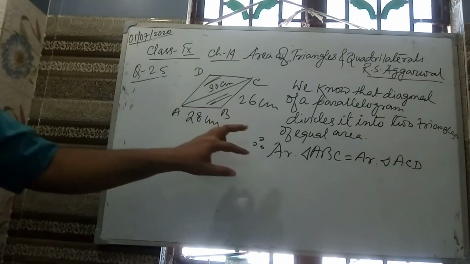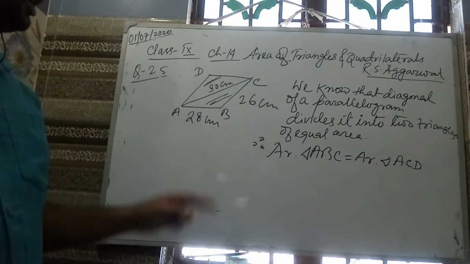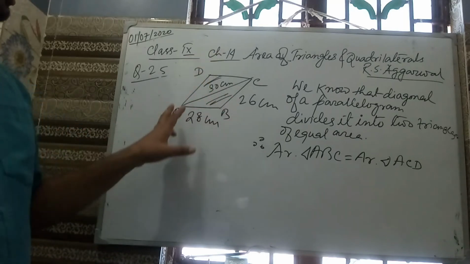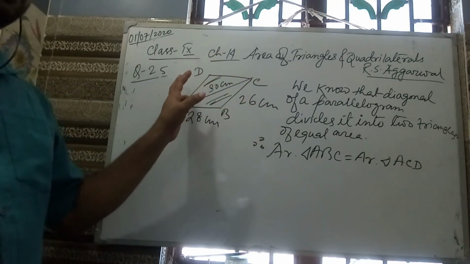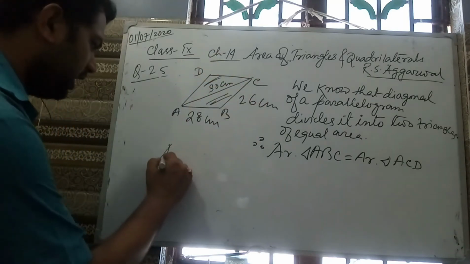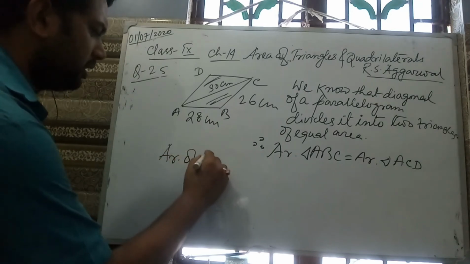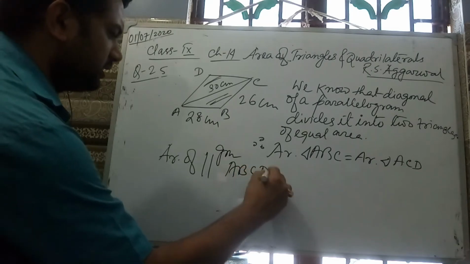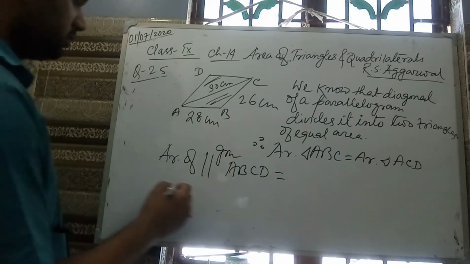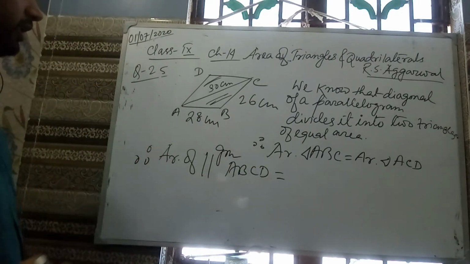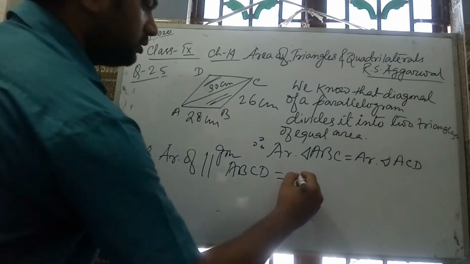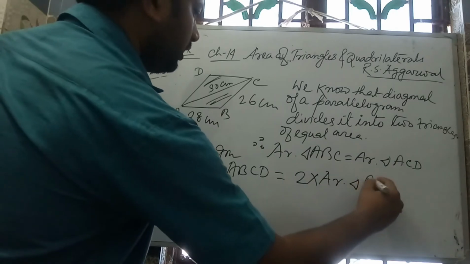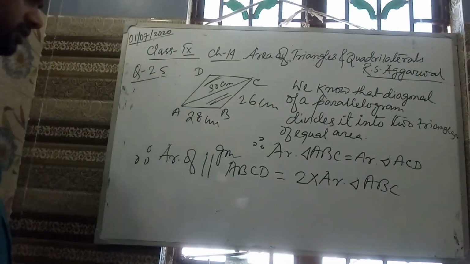Then multiply it by 2, because this area plus this area is the area of the parallelogram ABCD. Therefore area of parallelogram ABCD equal to 2 into area of triangle ABC.